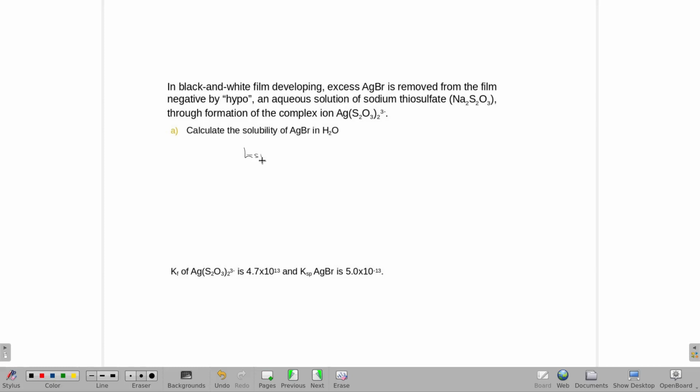So we have the KSP of silver bromide looking something like so. And we can plug in our KSP right there and solve for the actual solubility.